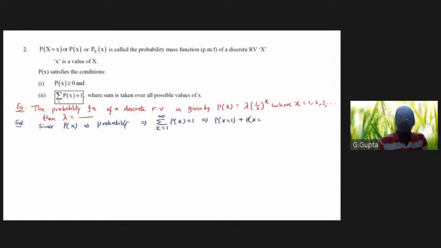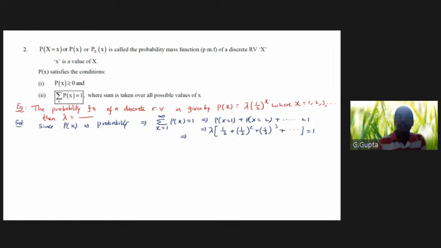You can write capital X or small x, don't worry, is equal to 1. In all these, lambda is common. Take out lambda, and putting x is equal to 1, 2, 3 respectively, we get half plus half whole square, half whole cube, plus so on. All this simplifies to 1, as given.